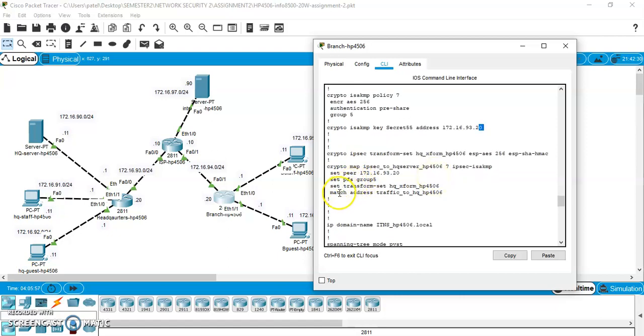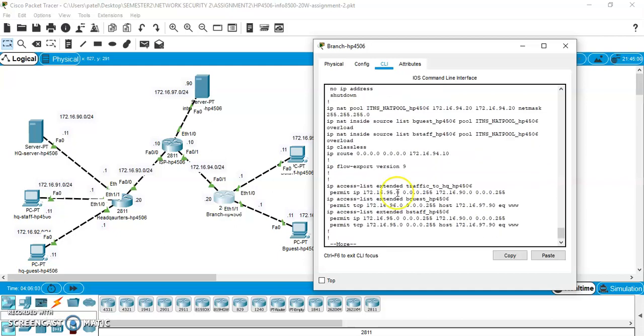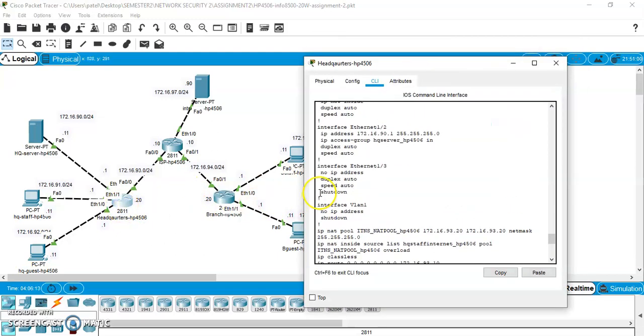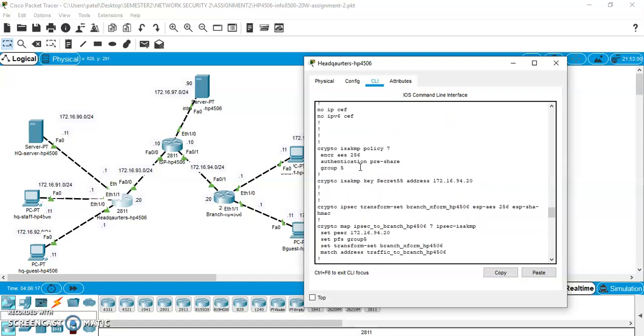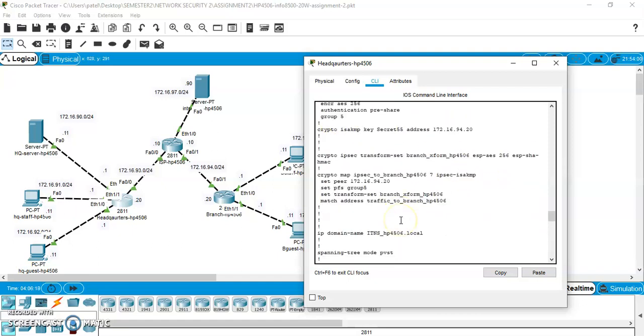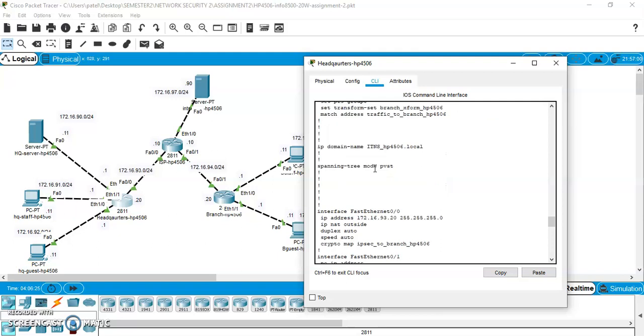And then I matched the address for the traffic to headquarters to the access list which I have created below here, in which it will have access to the web server which resides on the headquarters side. The same crypto policy was created on the headquarters side, with a different destination and a different access list.